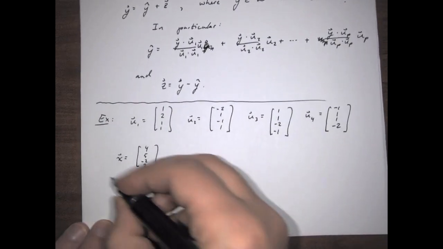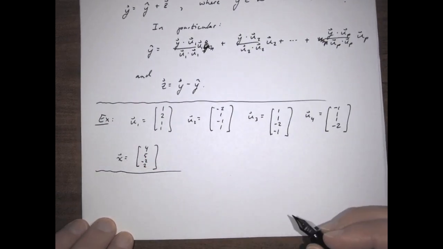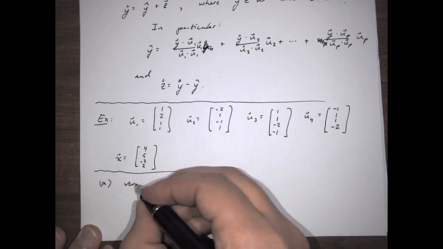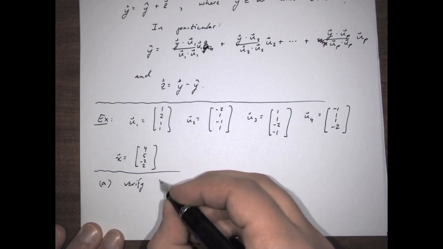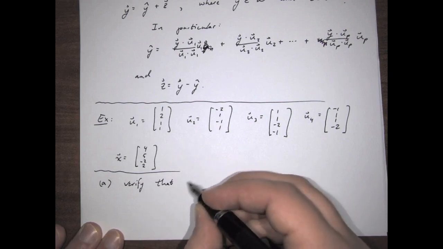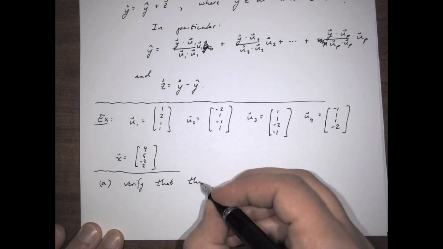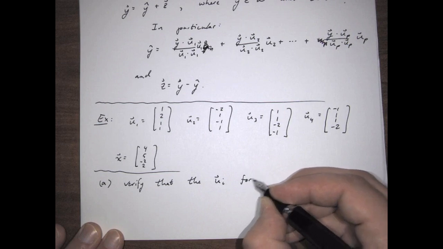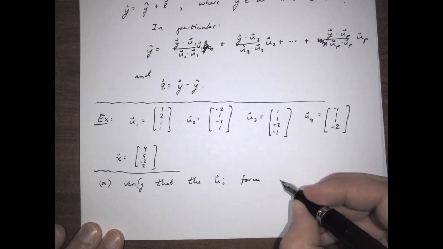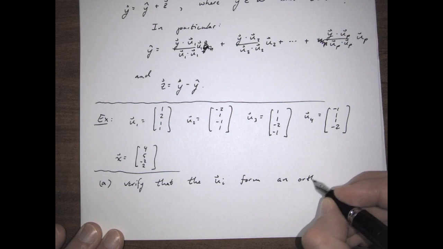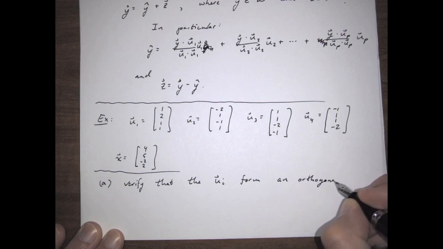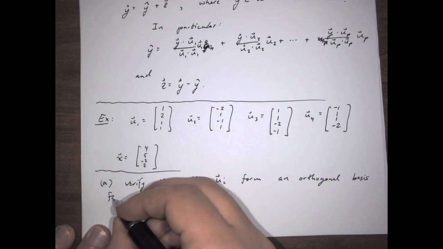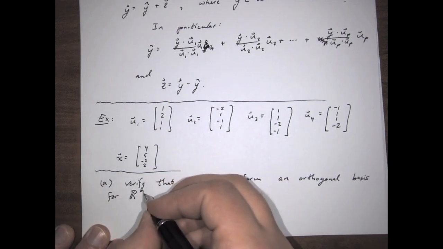All right, so here are our tasks. First off, A. Verify that the ui form an orthogonal basis for R4.